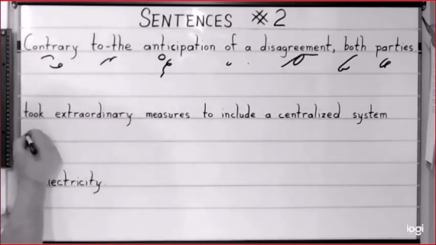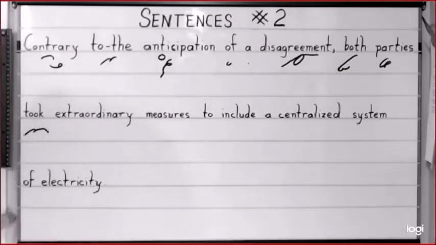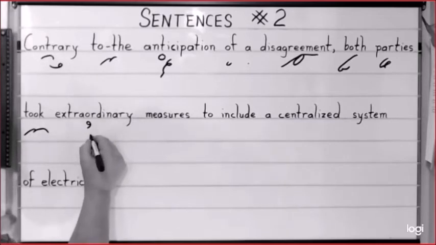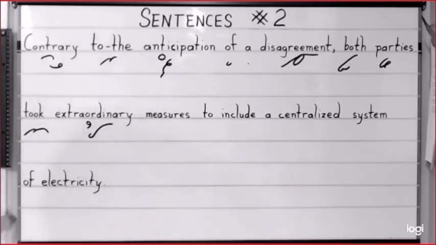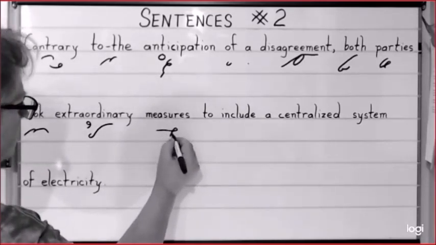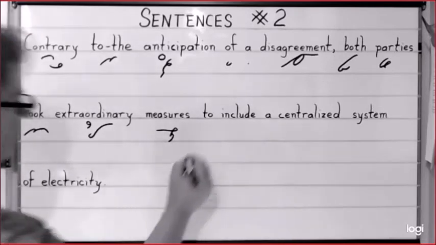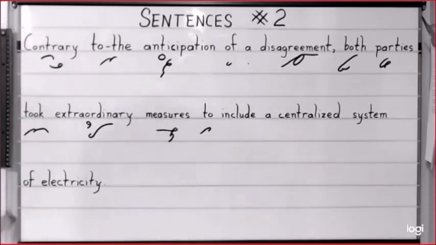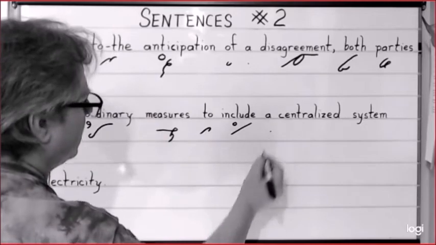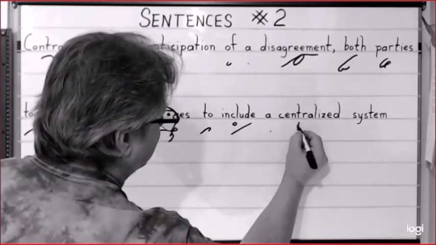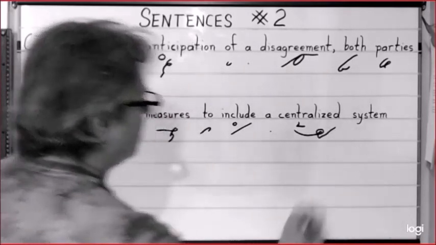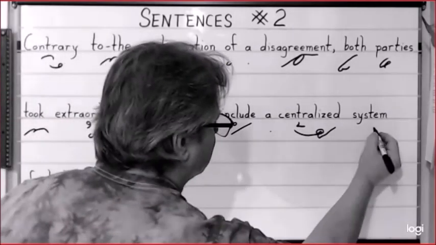For took, it is T, U, K. For extraordinary, is a disjoined E, S, with an O and a D, E, N stroke. For measures, it is M, E, S, H, U, S. 2, T, U. Include, a disjoined E, and then a D. Dot for the A. Centralized is an S, and the N, and then L, long I, S, D. System is the blended S's.